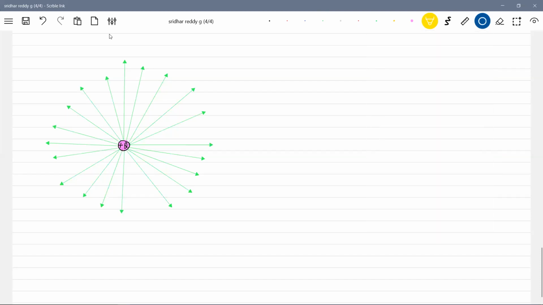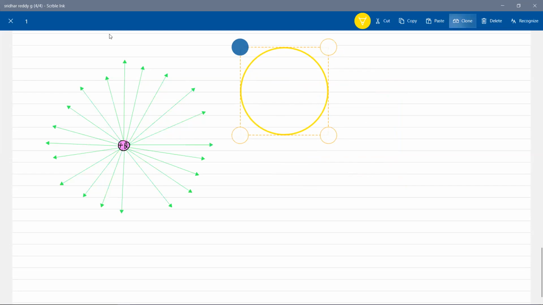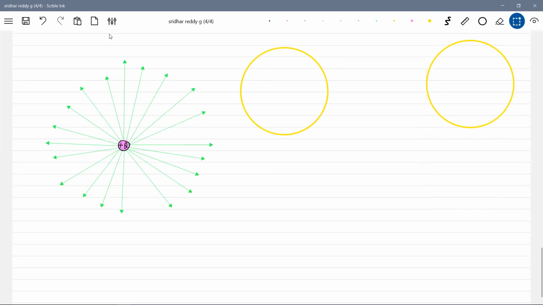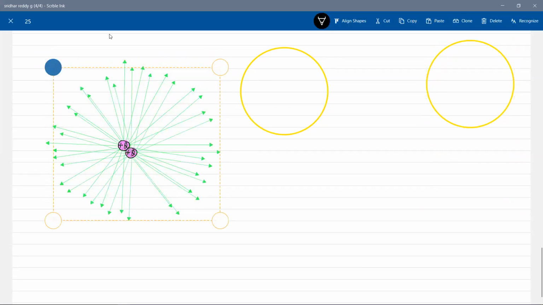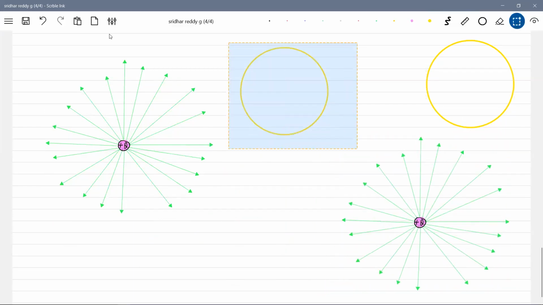I'm going to bring a Gaussian surface. First, look at this.